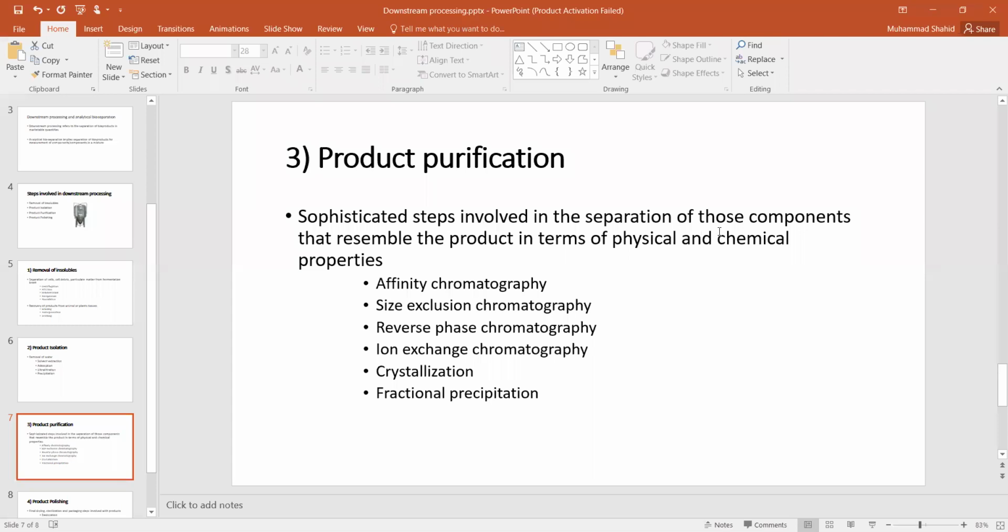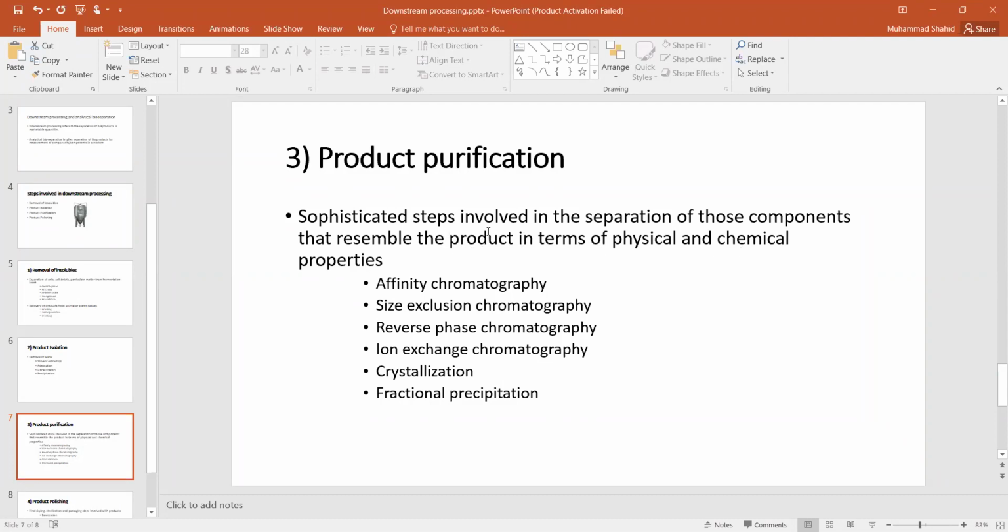These steps involve very sophisticated methods, very sophisticated techniques that are involved in the separation of those components that resemble the product in terms of physical and chemical properties. So it means that now we have a mixture that is free of the cells, free of the debris, free of any particulate matter, and also almost free of the water content. Although it might contain some water at this step, the mixture might contain some solutes, and the solutes may resemble our product in terms of their physical and chemical properties.